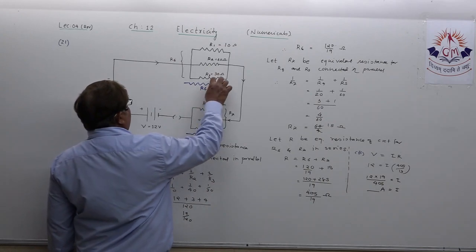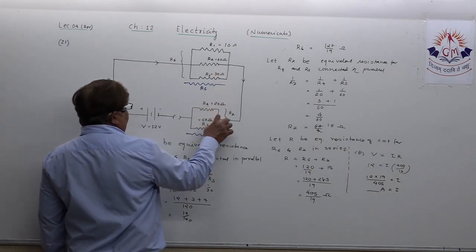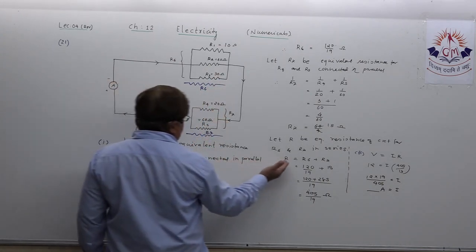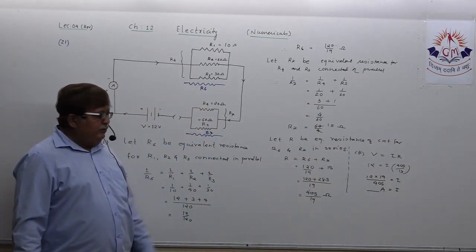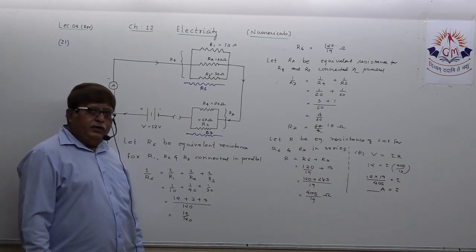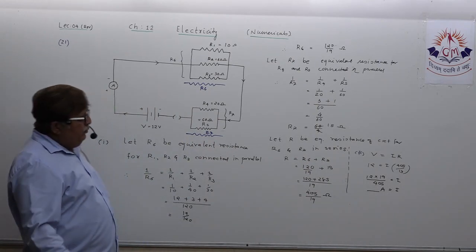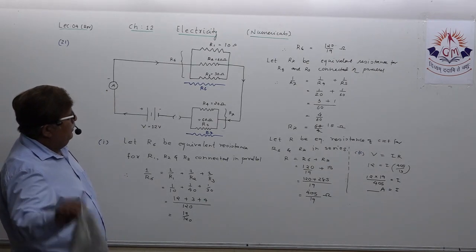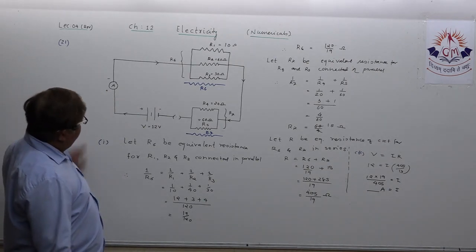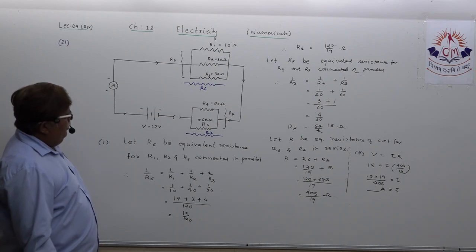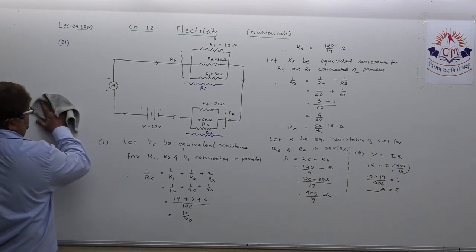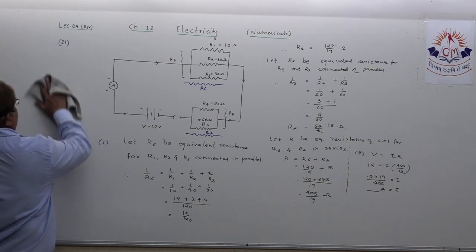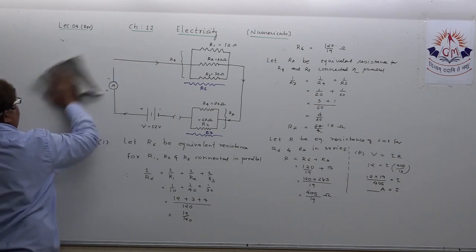They will say R dash, R double dash, then also R equal to R dash plus R double dash, and then you are able to find I. Okay, that way also you can do. Okay, so this is numerical number 21. You must have seen it, right? Let us go for the next one now.